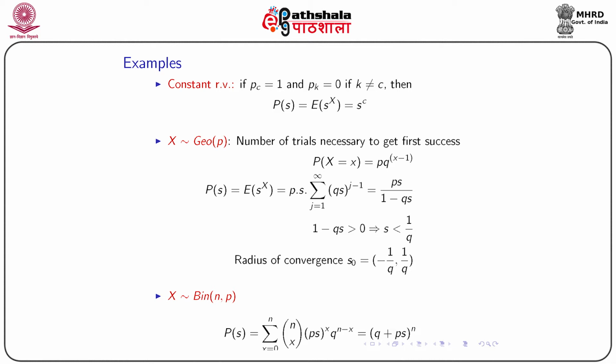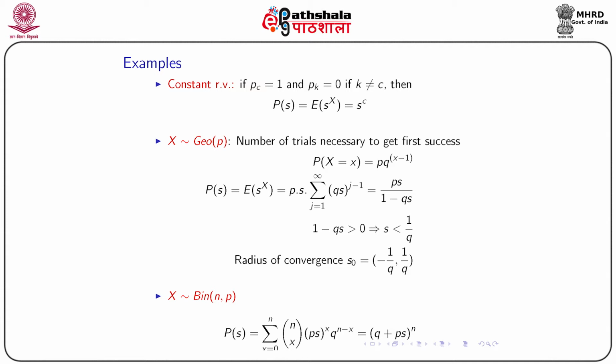Now this 1 minus qs must be greater than 0, that implies s must be less than 1 over q. So the radius of convergence in this case will be minus 1 over q to 1 over q. So this is a geometric distribution, and this is the form of its probability generating function, and here we can also find the radius of convergence.